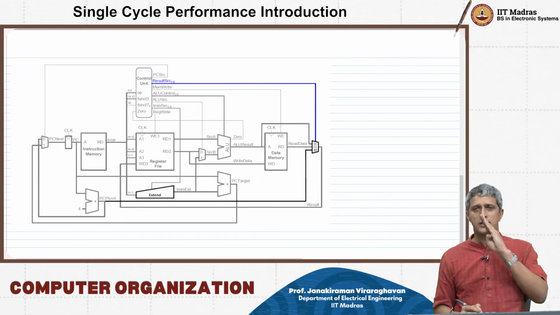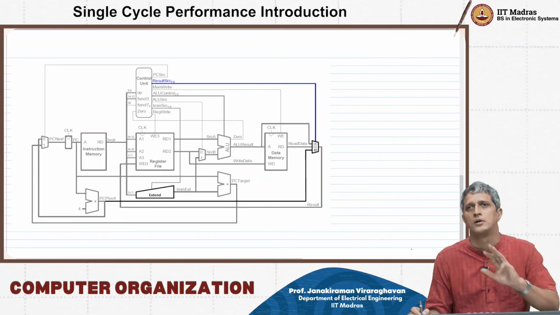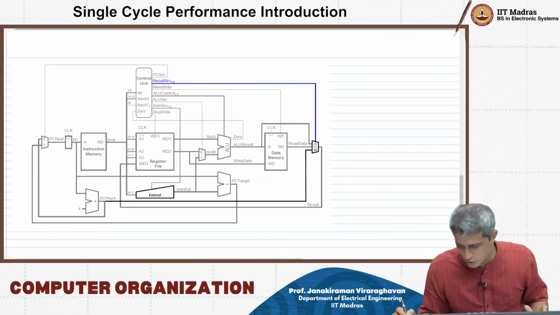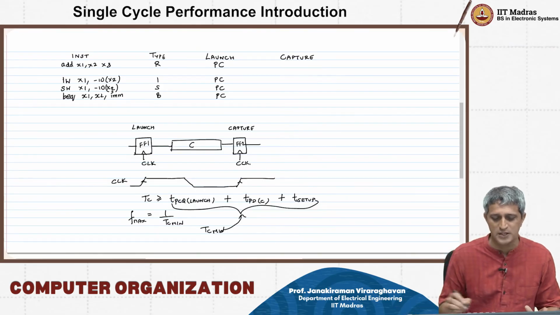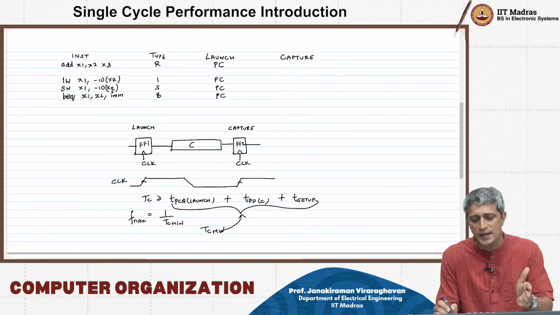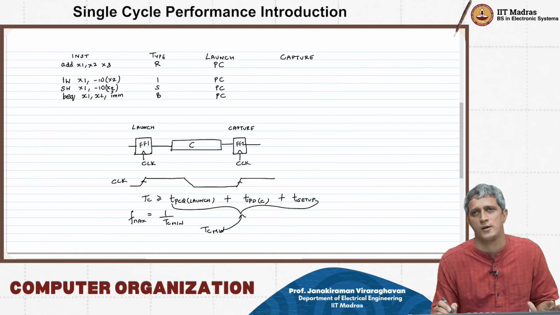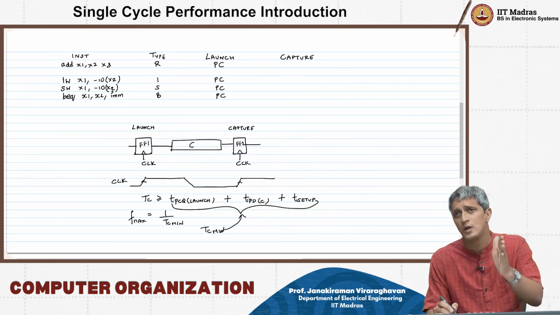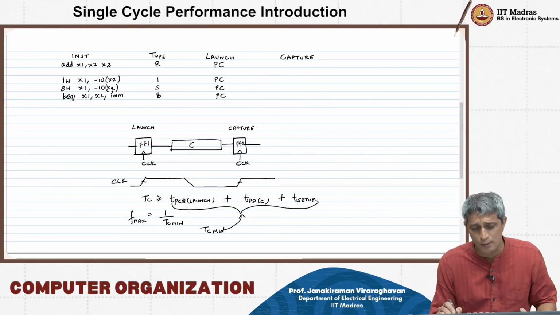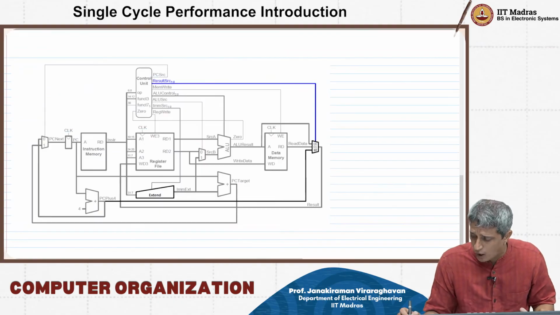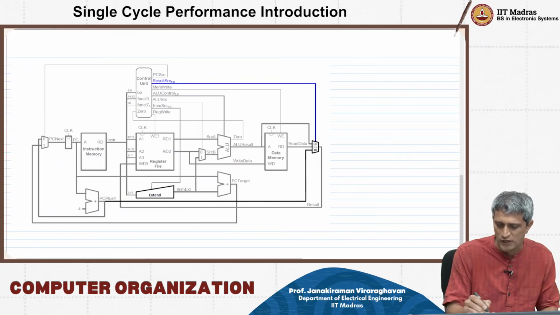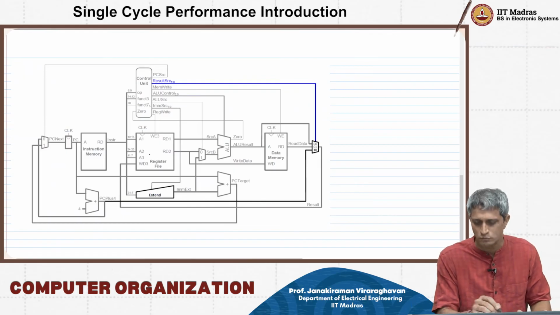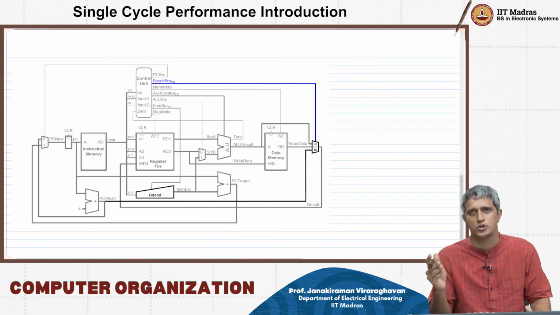Now what is going to happen for the R type of instruction? Let us look at this. Very specifically, we have taken an example, add x1, x2, x3. So x2 and x3 will be added and the result will be put into x1. So what is going to happen? Eventually you are going to fetch data from the register file, x2 and x3.